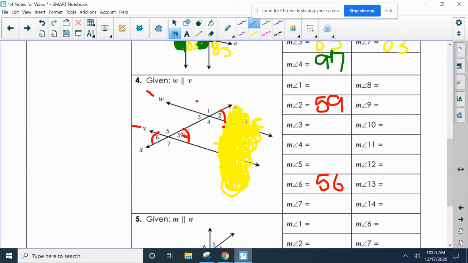So 2 is also going to be 59, and this should be 59, not 56. All right. I know 2 and 3 are vertical, so 3 is also going to be 59.